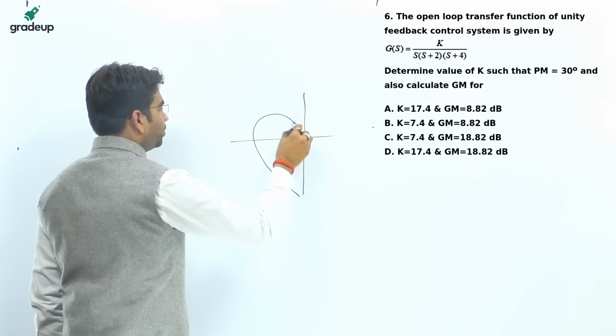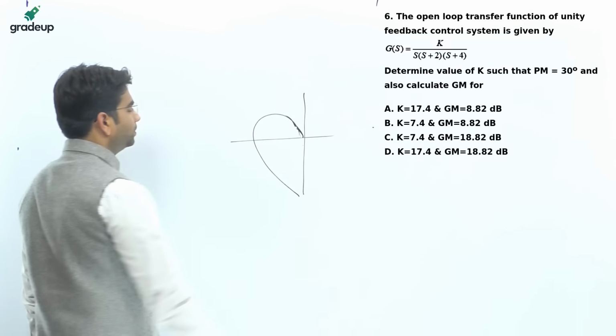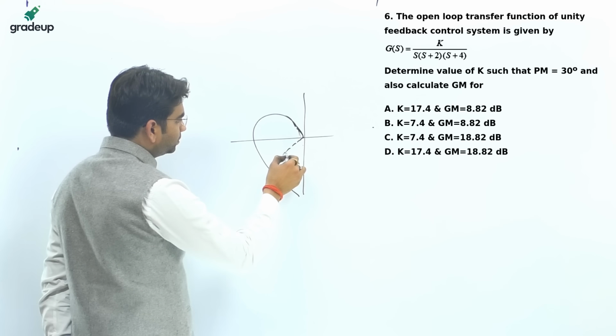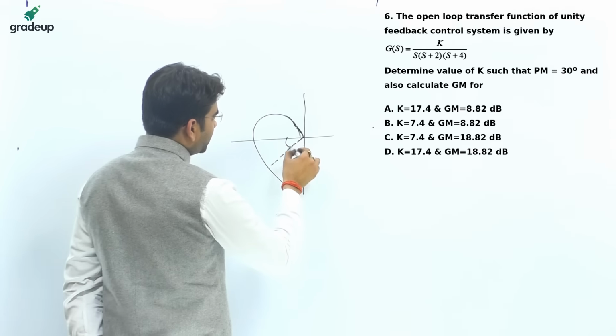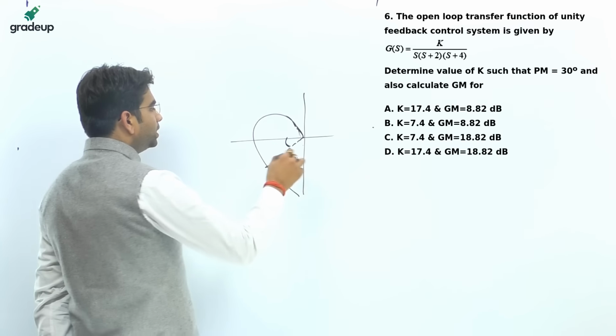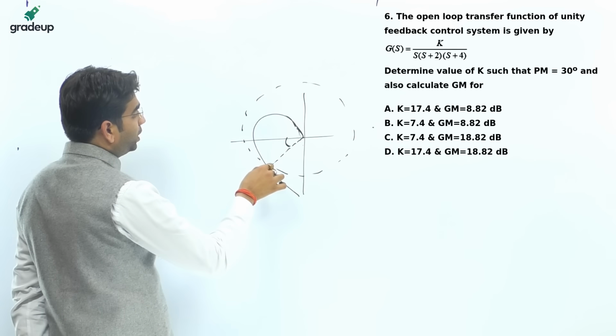If this is a polar plot, the phase margin is 30 degrees. Phase margin is at the gain crossover frequency, the frequency at which the gain of the system is unity, drawing a unity circle.